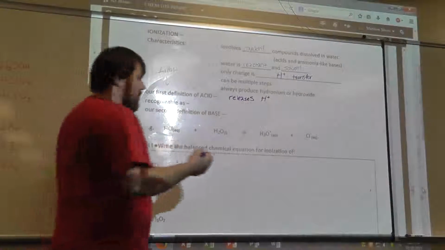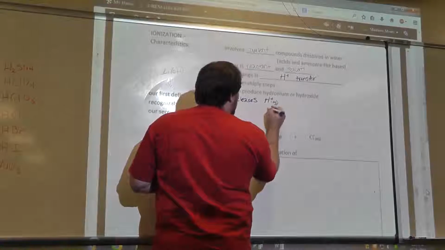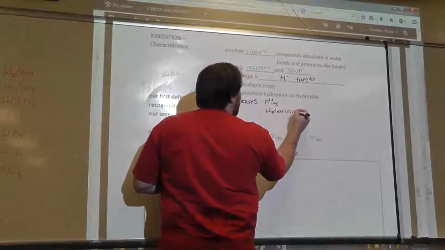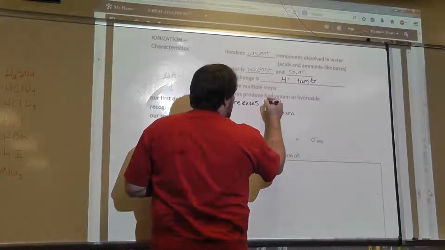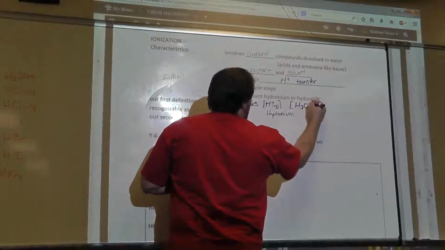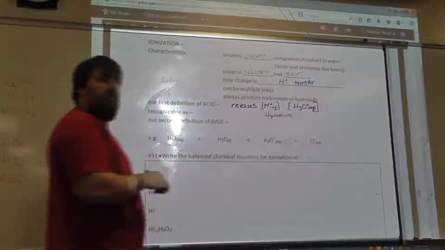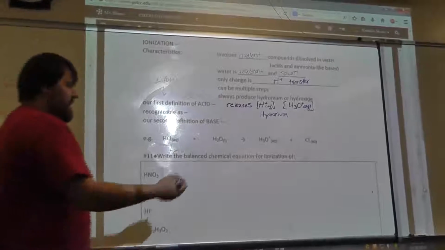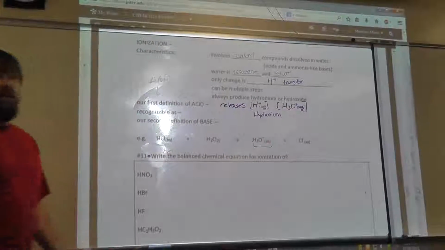When you talk about H+, it's commonly called hydronium, and it can be written two ways. It can be written as H+, or it can be written as H3O+. Either one's correct. They both mean the same thing. So you'll commonly see this notation, and you'll also commonly see just a hydrogen there.